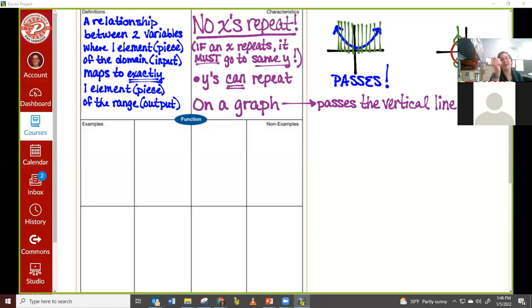That would be an example of an X that has two different Ys. That'd be my output. That is not a function.